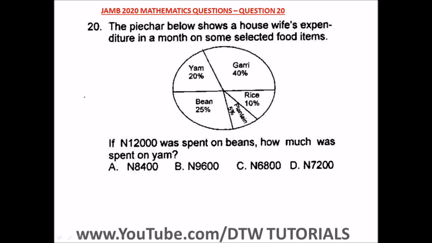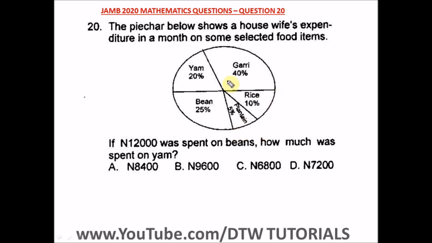So say if 12,000 naira was spent on beans, how much was spent on yam? So now we were not given the total amount of money she was given to go about her business. We were only told that she spent 12,000 out of that money on beans. So we are going to look for how much is the money.